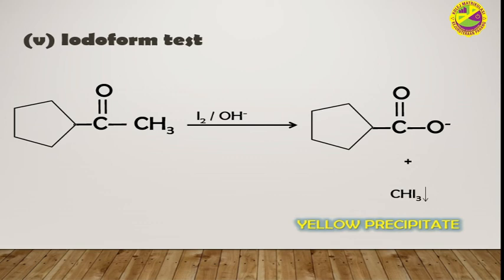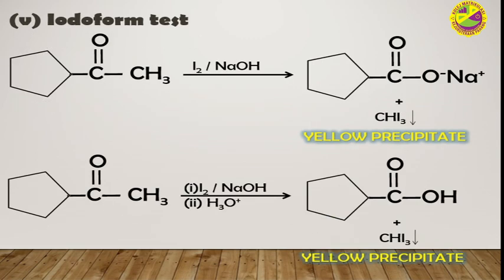Another way to write the equation for iodoform test is by using I2/NaOH. The product will be CH3 now replaced with O minus Na plus, plus CHI3 with an arrow pointing downwards.